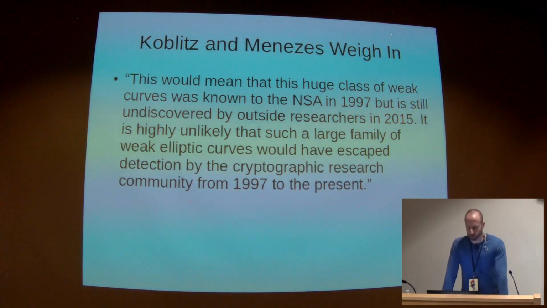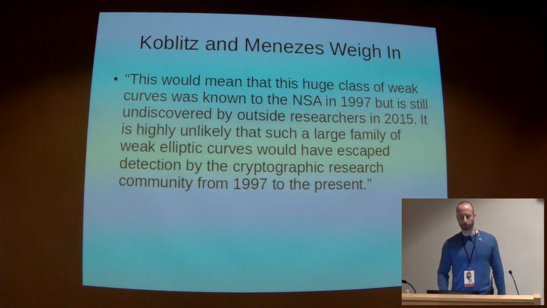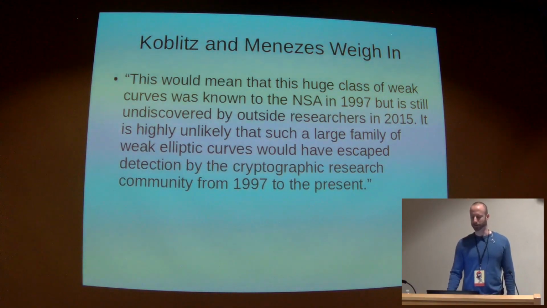And here's a quote: "This would mean that this huge class of weak curves was known to the NSA in 1997, but is still undiscovered by outside researchers in 2015. It is highly unlikely that such a large family of weak elliptic curves would have escaped detection by the cryptographic research community from 1997 to present."